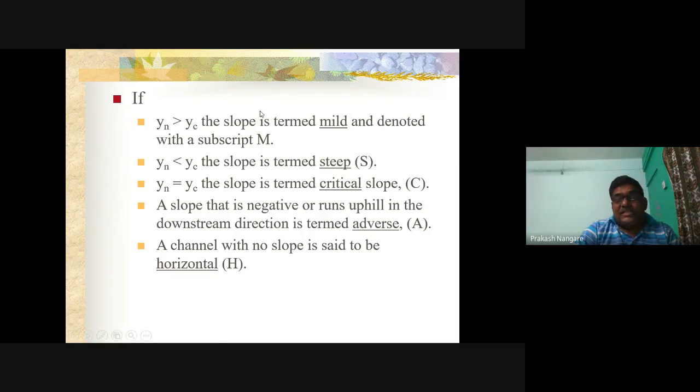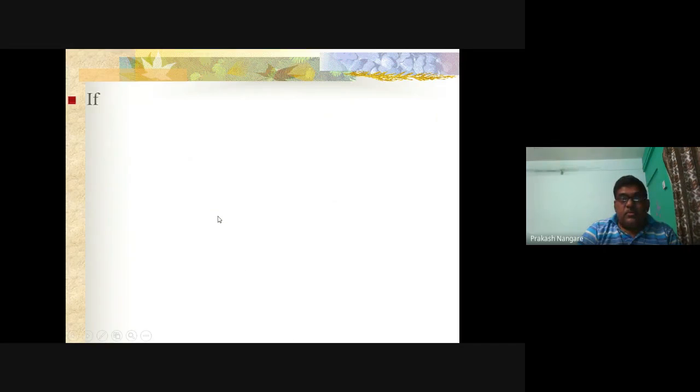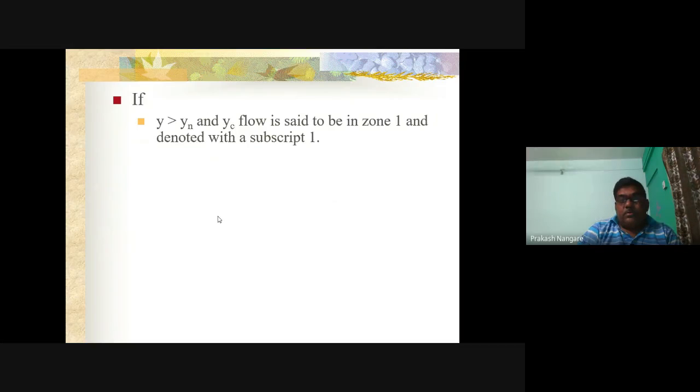So this is the classification of the channel made by comparing the normal depth and the critical depth. These are the types of surface slope channels you are going to consider here, and according to that you have to determine this. If y is greater than yn and yc, the flow is said to be in zone 1, denoted with a subscript 1.